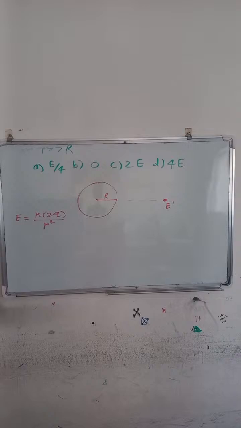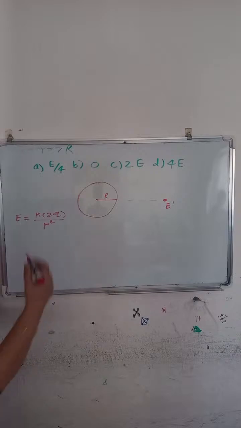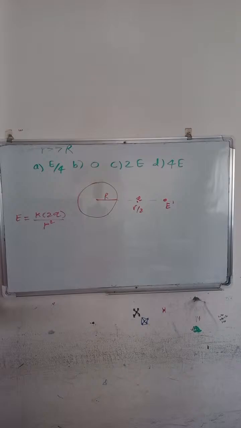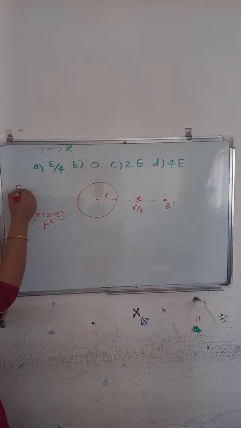Okay, and they are saying here electric field due to uniformly charged thin spherical shell of radius capital R with total charge Q at a distance of r by 2. Somewhere here at r by 2 Q charge is placed. Normally I am getting E is equal to 2Q upon r square, because electric field intensity we know that kq by r square.